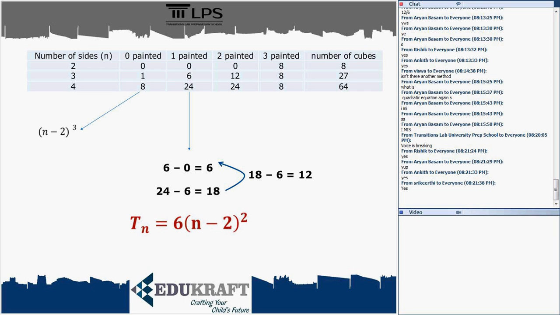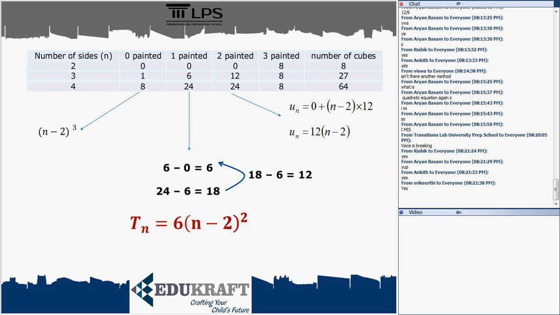Two sides painted is the first sequence, the arithmetic sequence. So I have u1 plus n minus 2 d this time, because remember that we are starting out here at 2.